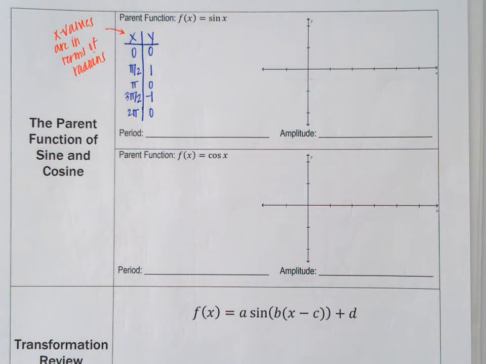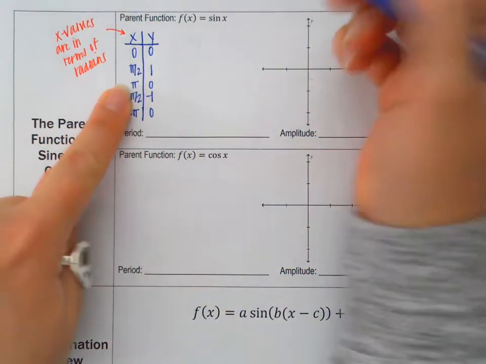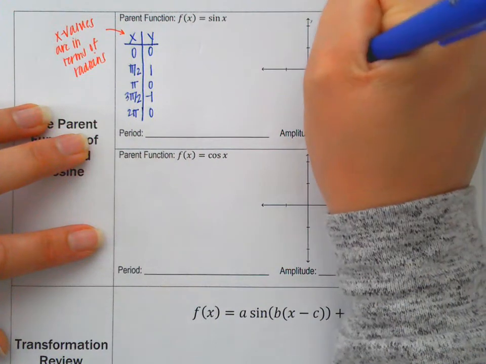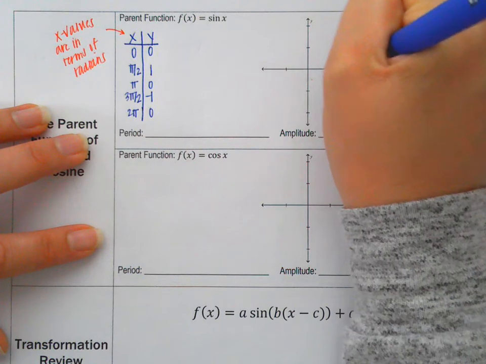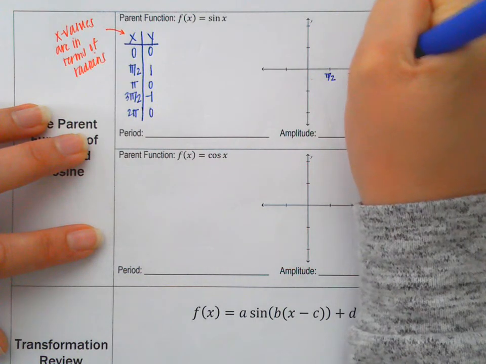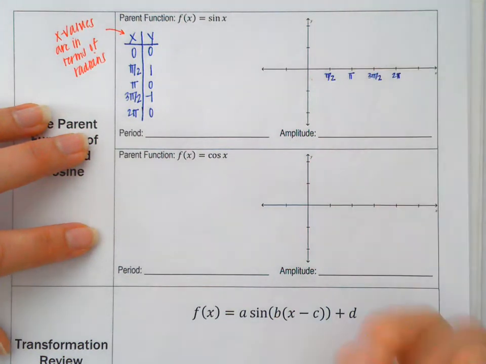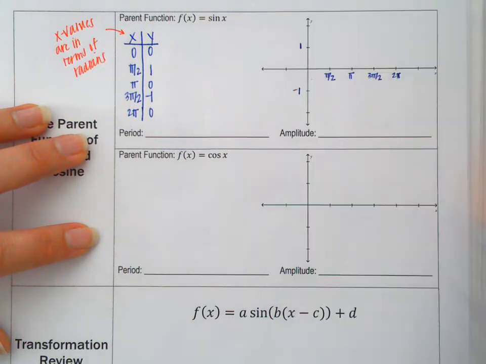And then we are going to graph that. So I'm going to label my x-axis with these values. 0 is going to stay normal, and then pi over 2, pi, 3 pi over 2, and 2 pi. And then these are just going to be normal 1 and -1.